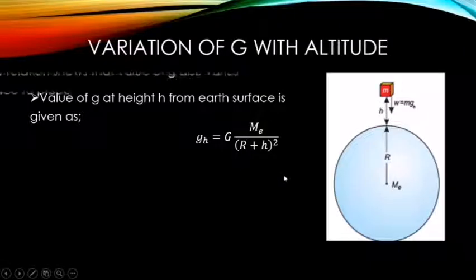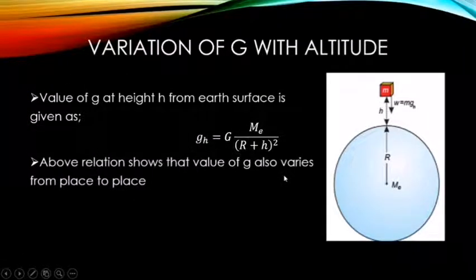This shows that the value of g also varies from place to place. Whenever you consider this object at height h1, then the value of g will change as compared to this height.